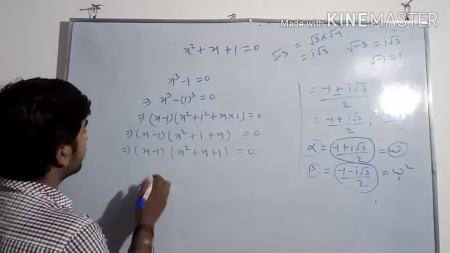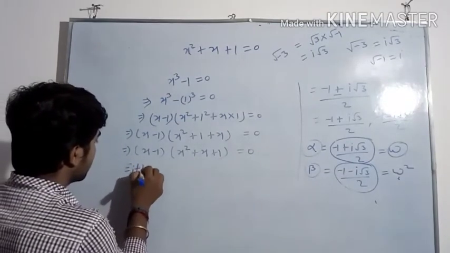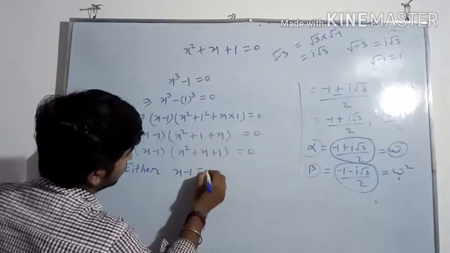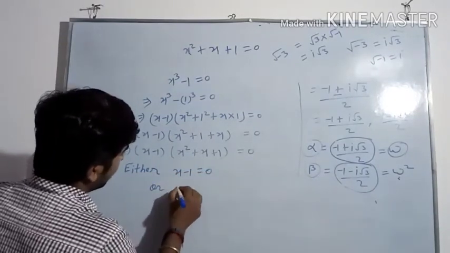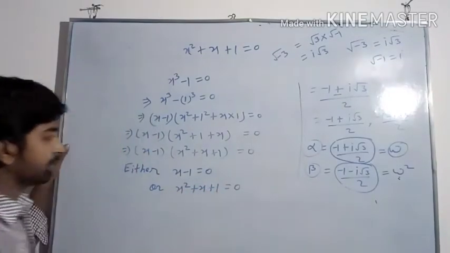Students, here either x minus 1 equals to 0 or x square plus x plus 1 equals to 0.